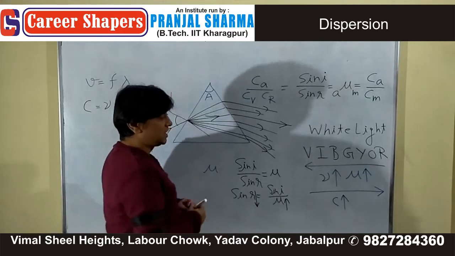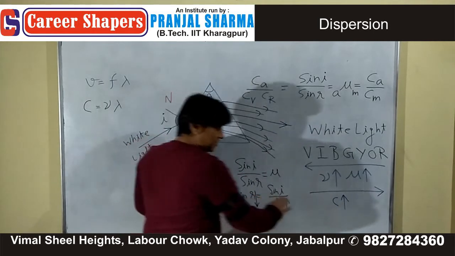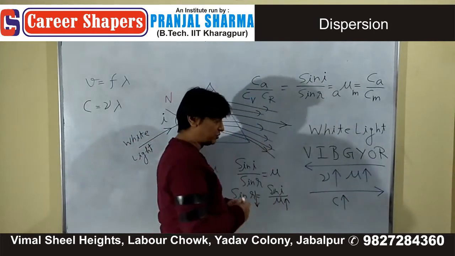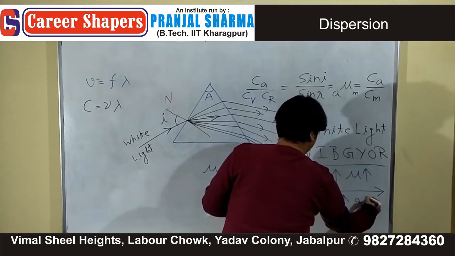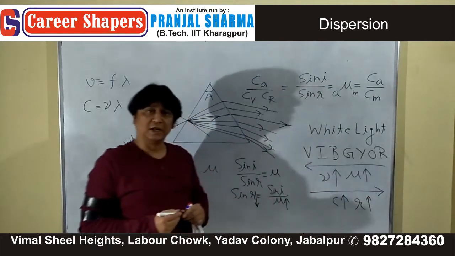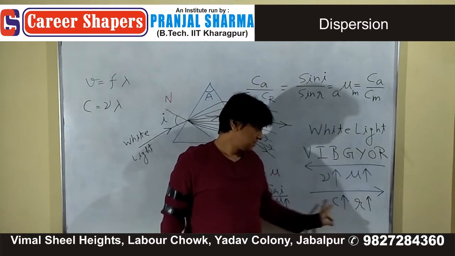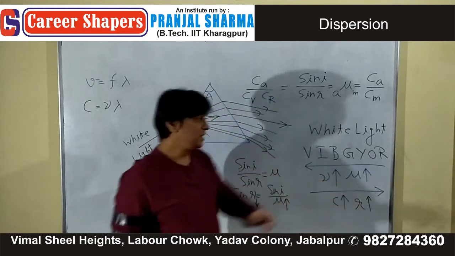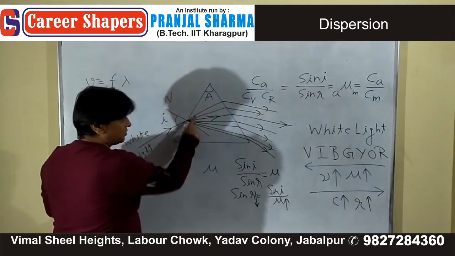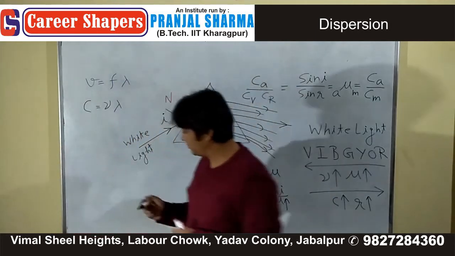That means if in this direction mu is increasing, then in the other direction your R will increase. So this is the direction in which your angle of refraction increases. For violet it is the least. For red, it's the maximum. Let's draw a separate figure here.